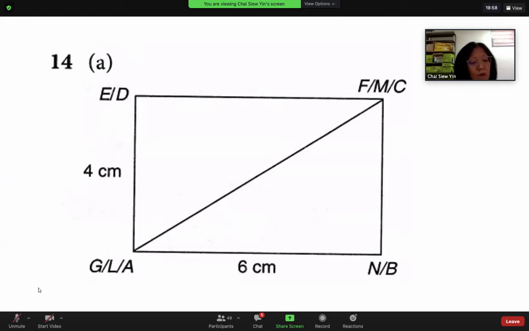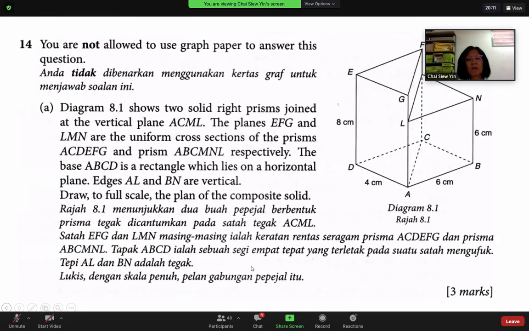The rest, if you have finished copying the shape, you look at part B and the question, please try. Yeah, please try, ladies and gentlemen.